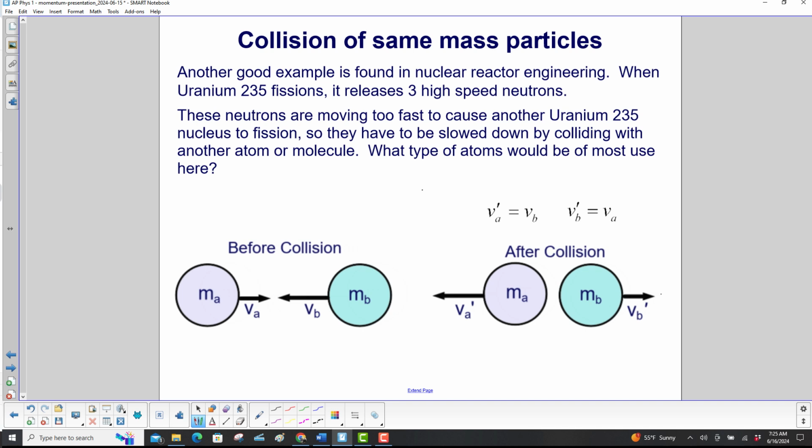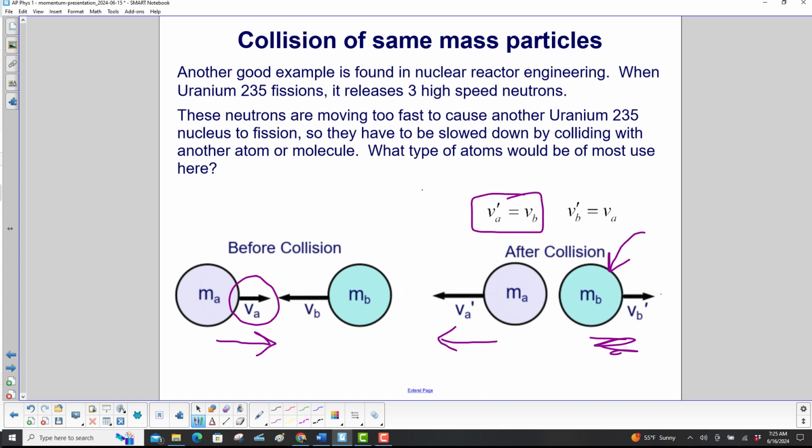And just reviewing here a bit, here comes mass A with a velocity A, and its final velocity after the collision, this is an elastic collision, is going to equal the original velocity of object B. And V prime B takes off with the initial velocity that A had.